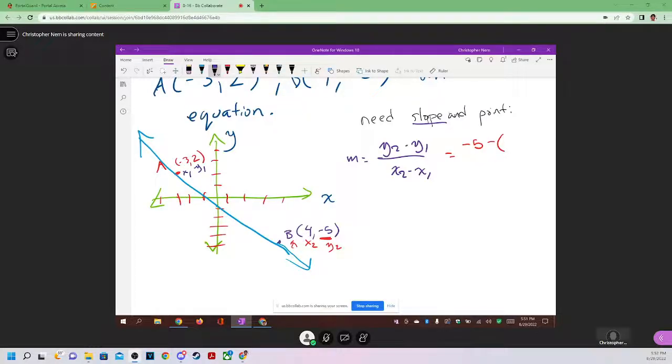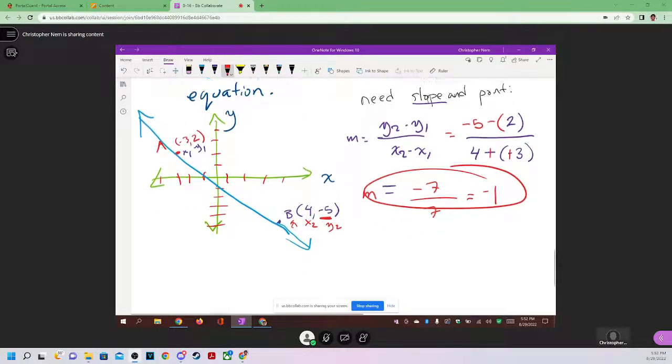So now I'm going to plug in y1, which is positive 2, all over your x2, which is 4, minus your x1, which is negative 3. And you see how I'm using parentheses? It's just very helpful. So now I can turn this to addition. I get negative 5 minus 2, which is negative 7, all over 7, which is equal to negative 1. Okay, so my slope is equal to negative 1.